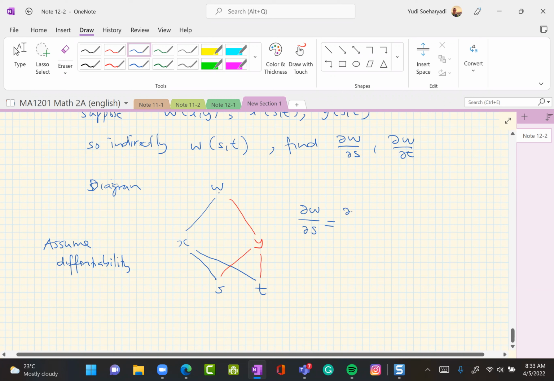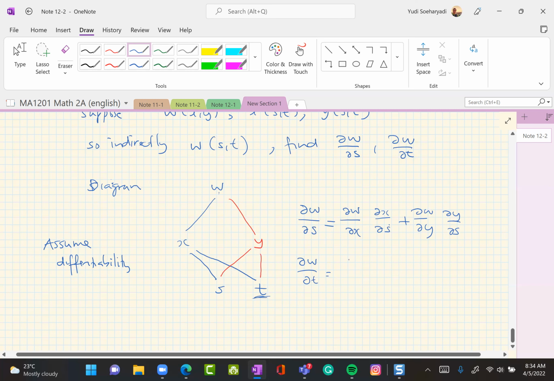First, dW/dx times dx/ds, and second, dW/dy times dy/ds. The same goes for dt, where t is this variable here.